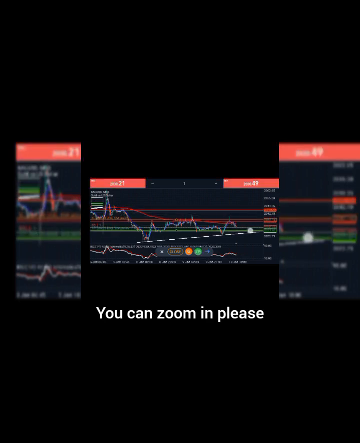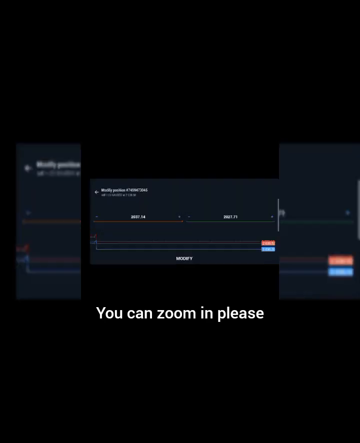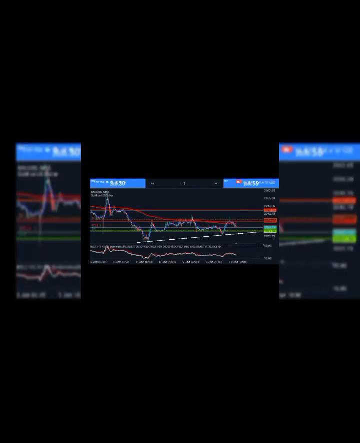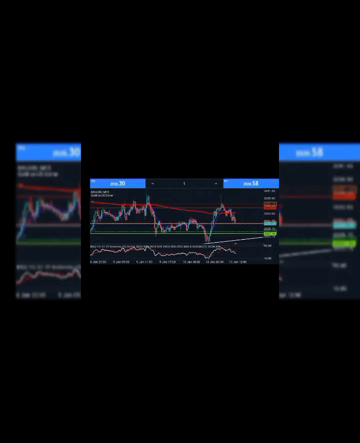Let me put my SL here. So I've set my exits and my exit point, and let's relax on news, fundamental analysis, news that can strengthen USD to bring gold down.